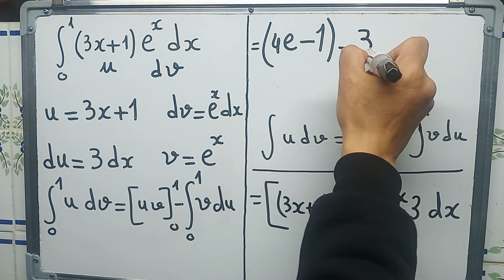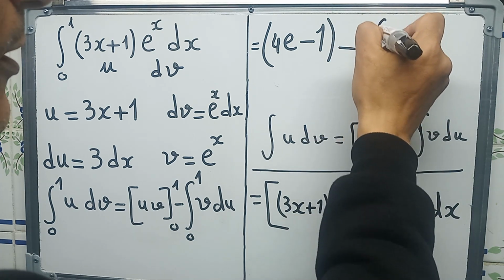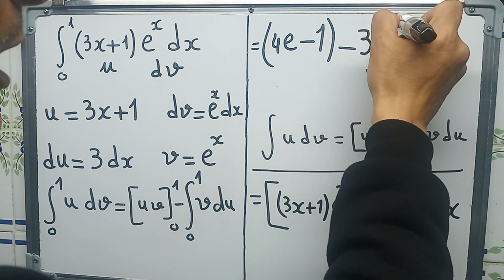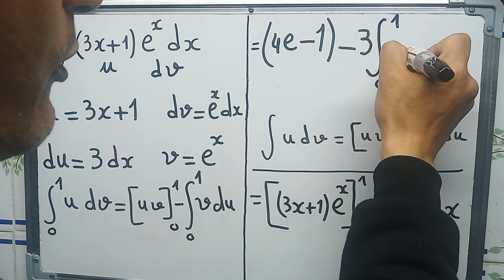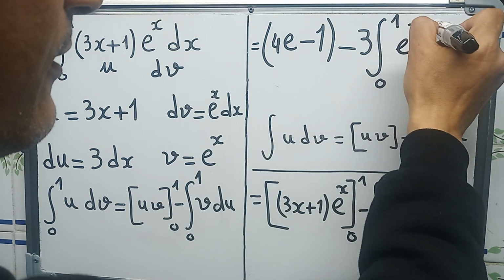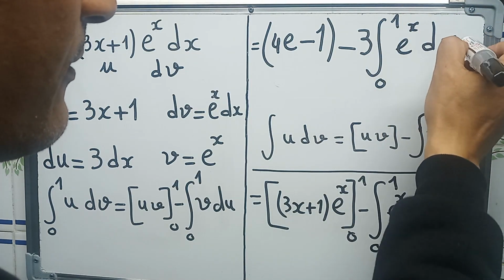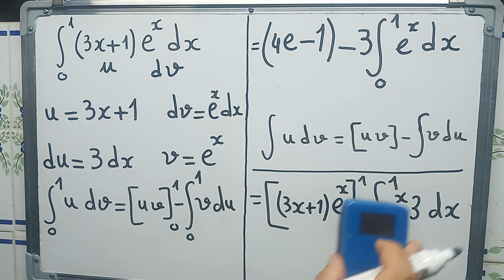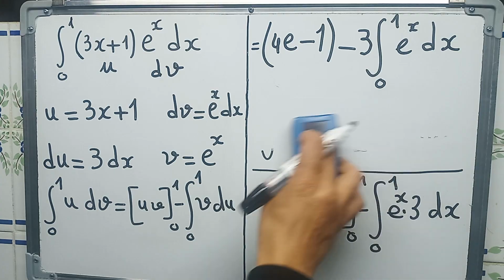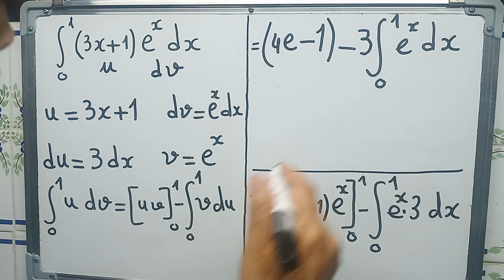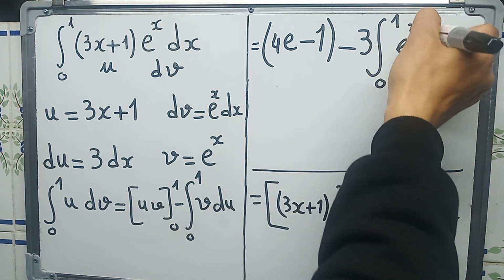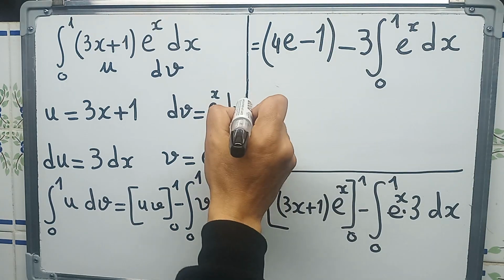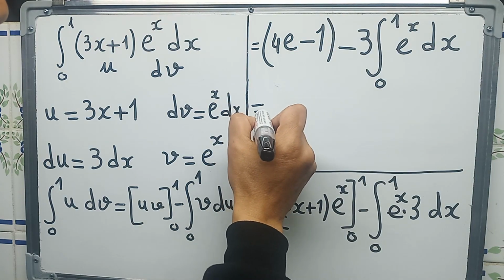So we have 3 times the integral from 0 to 1 of exponential x dx. And here we know that the antiderivative of exponential x is just exponential x. We continue here.